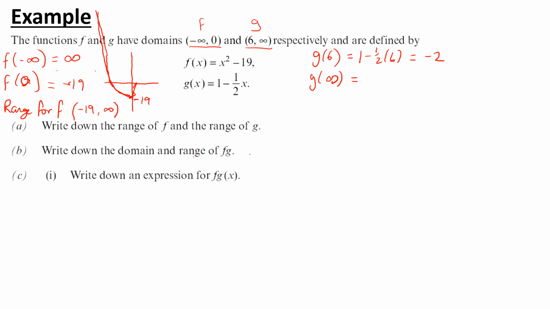So imagine starting from 1 and then taking away an absolutely massive number. You'd be way down in the negatives. And because that number is colossally big, infinitely big, you'd be so far down in the negatives, you'd be heading towards minus infinity. So if you put an infinitely big number into function g, you'd get an infinitely small answer.